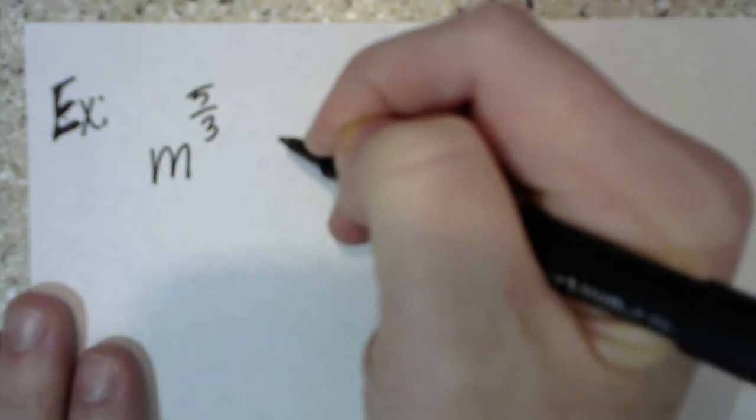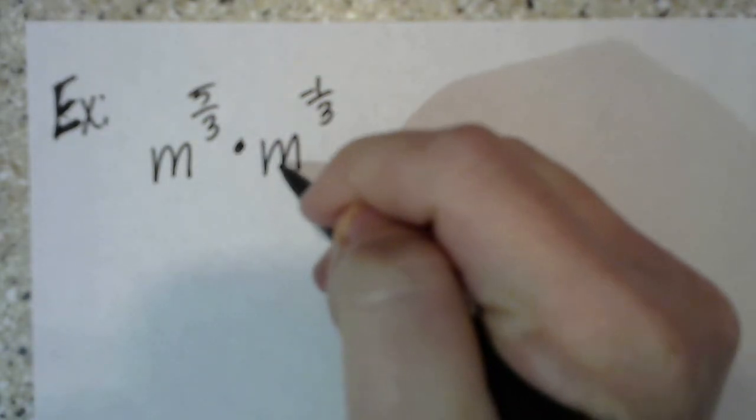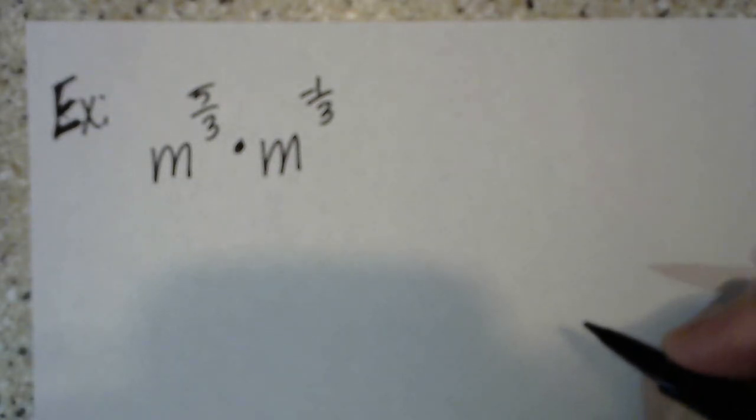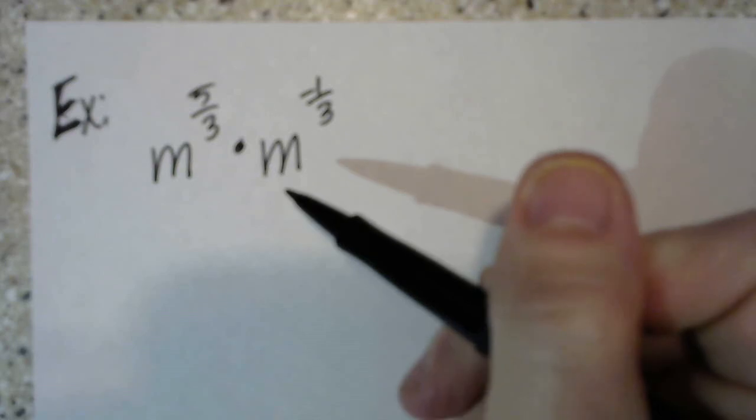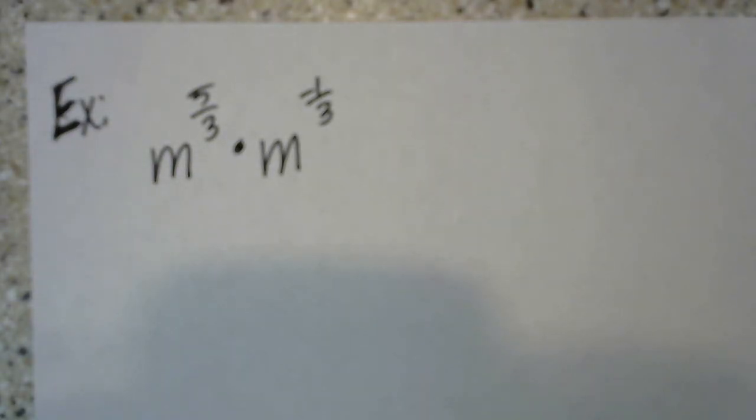Okay, so I'm having trouble with my example. All right, so m to the 5/3 power times m to the negative 1/3 power. So they have the same base. So I know I'm going to be able to do some stuff. Well, we have exponents, but they're not outside of parentheses. So what does that mean I do with them?